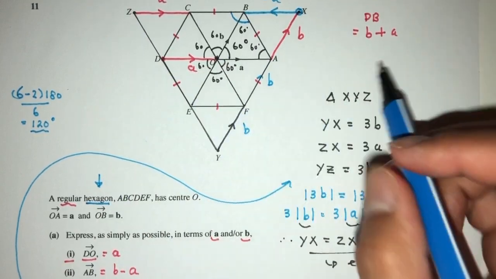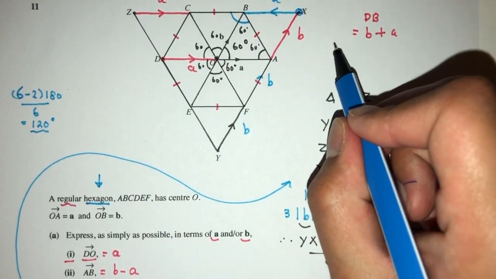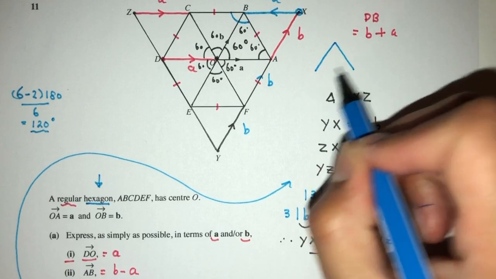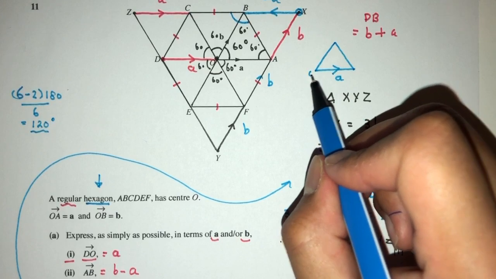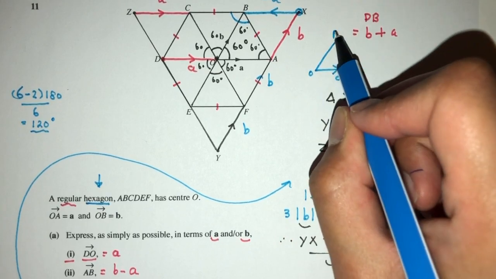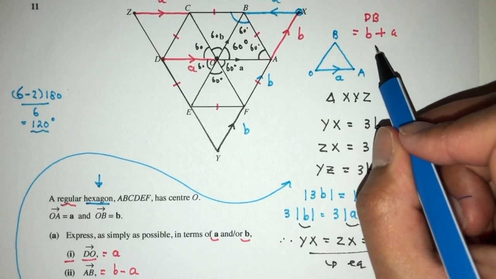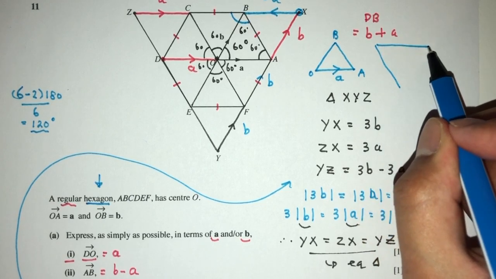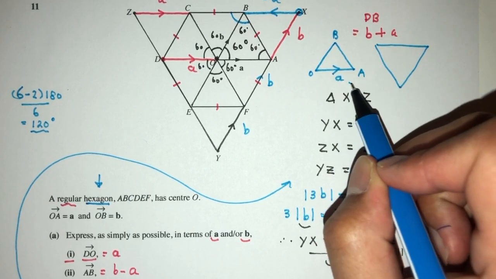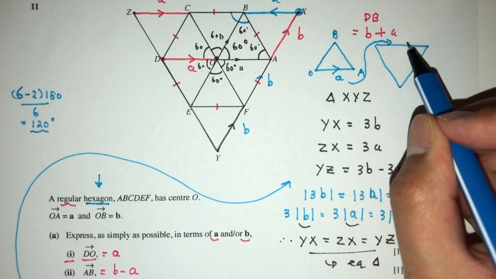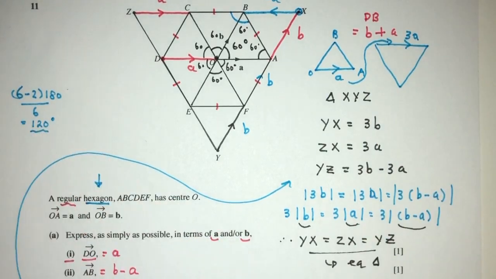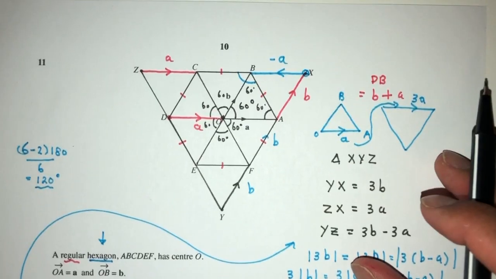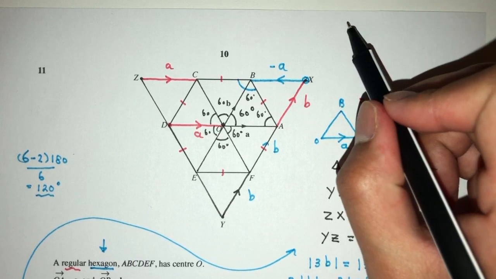Let's take one side. If you draw the triangle OAB, this is A. Then the corresponding side on the bigger triangle is this side, which is 3A. So, as we have seen many times before, if you want to compare sides, let me write this down. This is OAB.